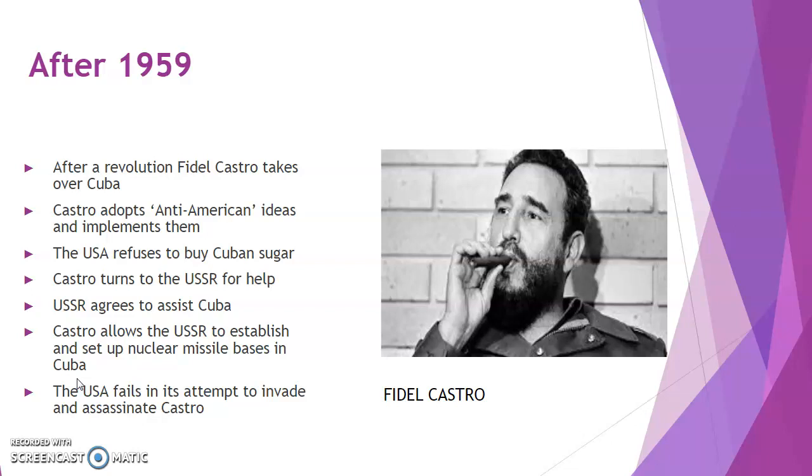Initially, they just agreed to buy their sugar, but eventually it escalates to the extent where Castro allows the USSR to establish nuclear missile bases in Cuba. So he says, Soviet Union, you are helping me out, I'll help you out, you can put a missile base in Cuba. And the USA basically fails in its attempt to invade Cuba and assassinate Castro.